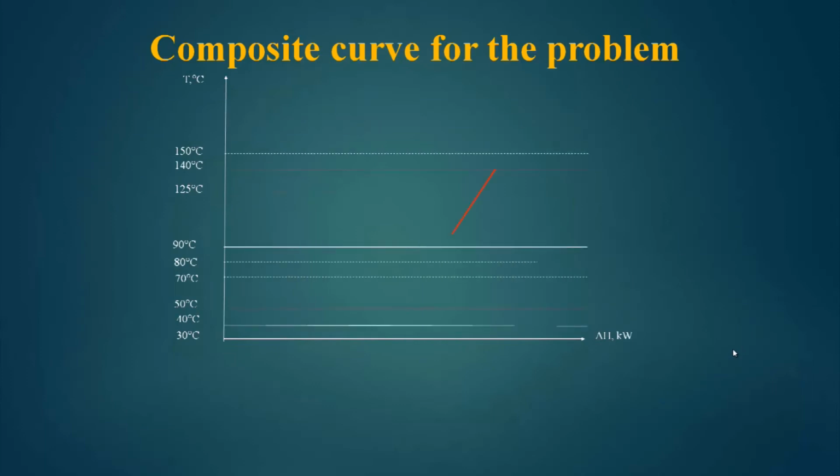So, we plot the composite hot, we plot the composite cold, and here the delta T minimum is 10 degree centigrade, the vertical distance between this point and this point, and we get here two pinch points, one is called hot pinch and another is called cold pinch. And many times students are confused when we say pinch point, it appears to them that it is a single point, but it is not so.